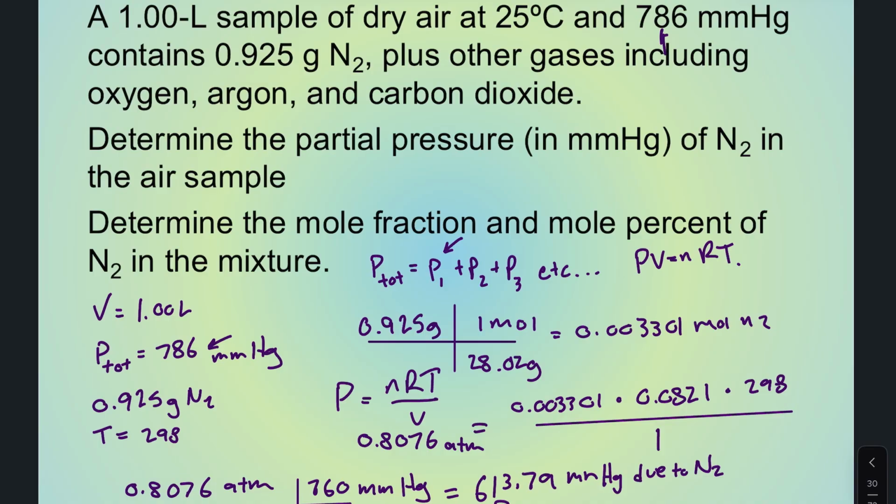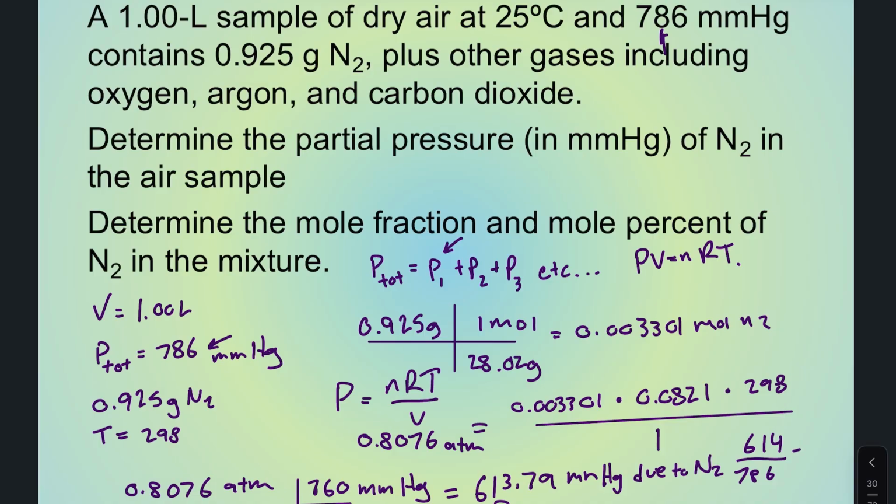Now, if we wanted to find what the mole fraction in mole percent was, all we need to do is divide this number by the whole. So that would be 613 divided by the whole. 614 is what I will say. 614 divided by 786.